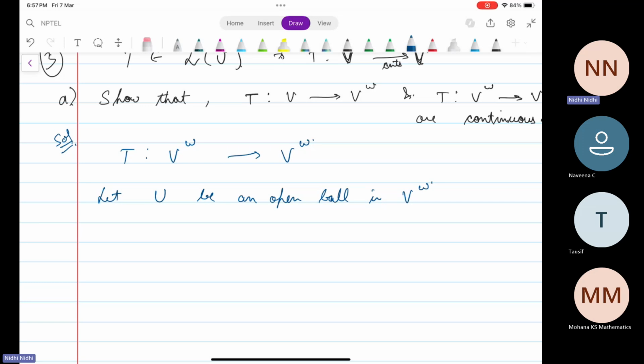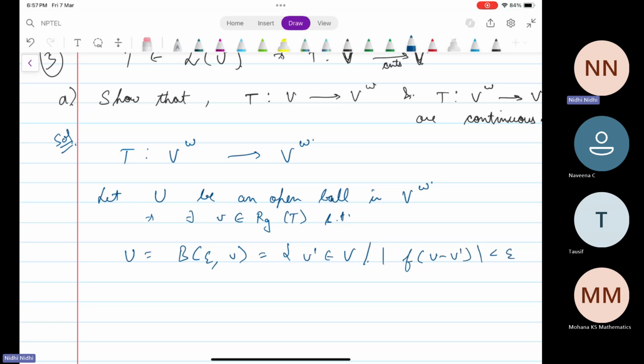So obviously, U is some ball around a point v which is in range T. This implies there exists v in range T such that U is just the epsilon ball around v. This is equal to the set of all those points v prime in V such that |f(v) minus f(v prime)| is less than epsilon.